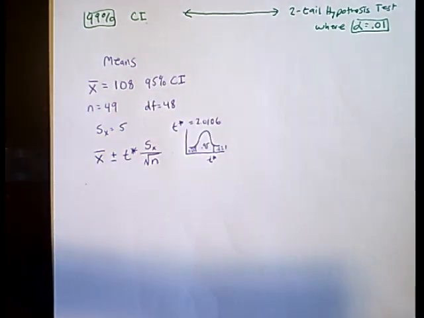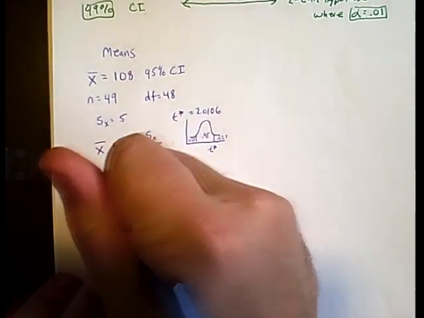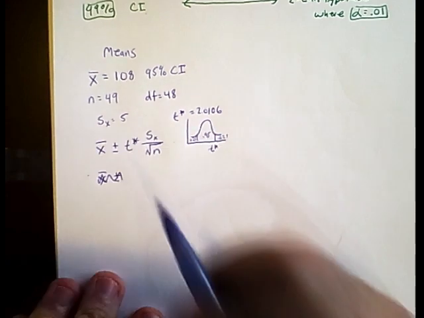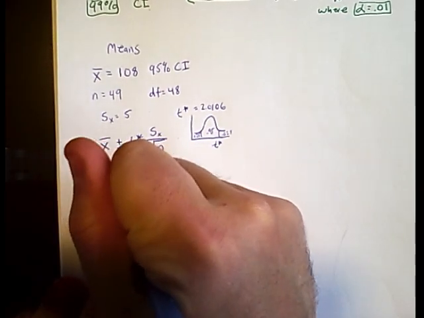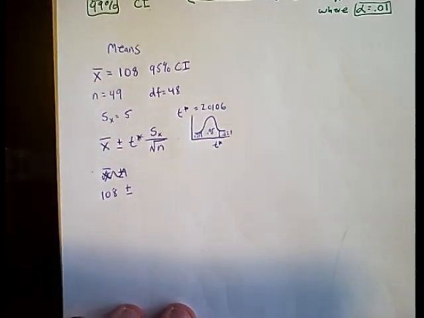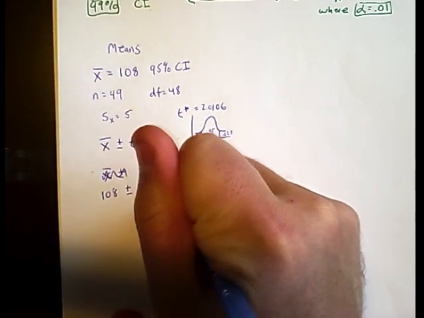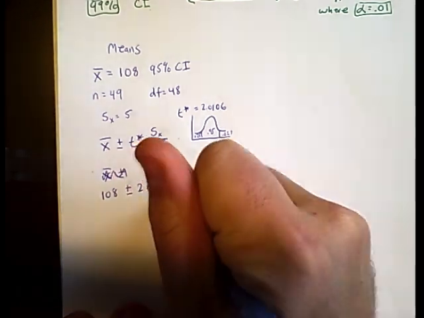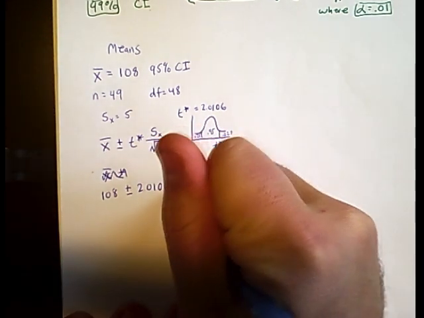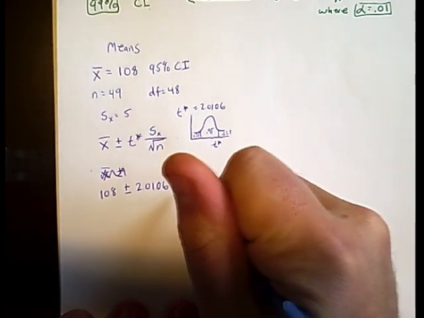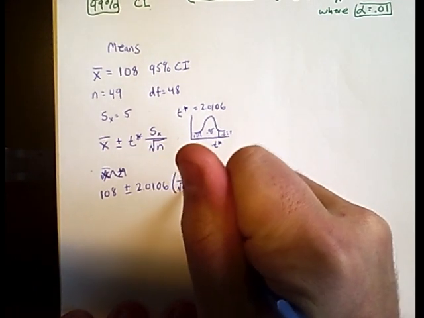If I want to start writing this out, I have x bar plus or minus, let's actually fill in the numbers. We have 108 plus or minus 2.0106 times the standard deviation, which we said was 5, over the square root of n, which is 49.